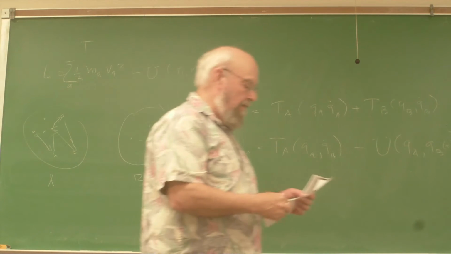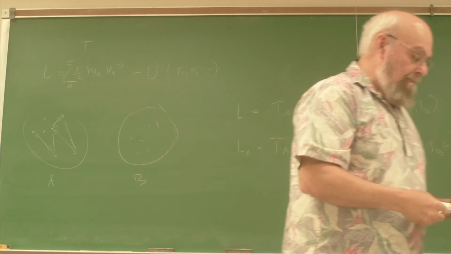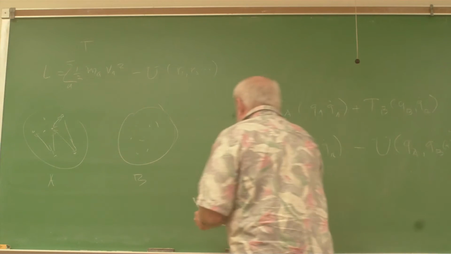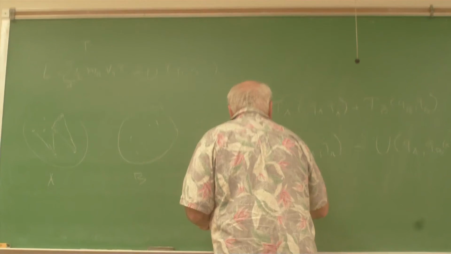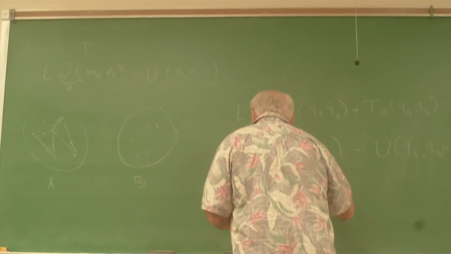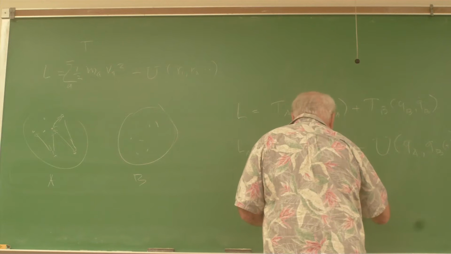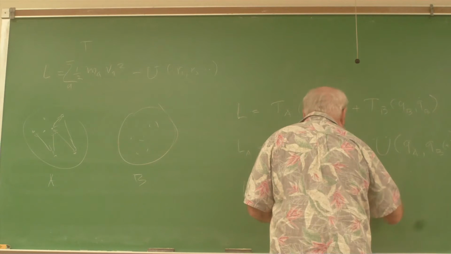So we can wind up writing L equal to (1/2)mv squared, as we have said already, minus U of R and t.